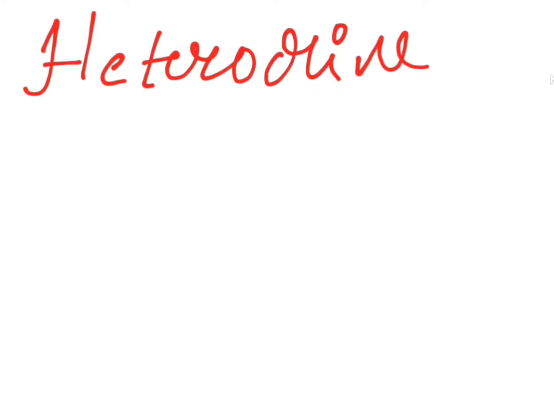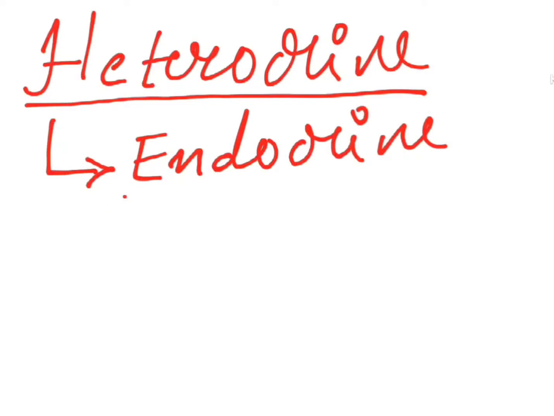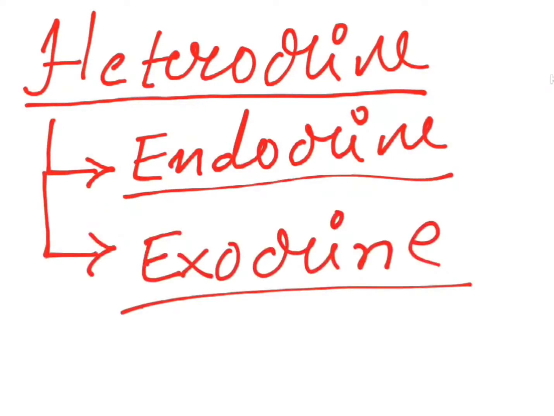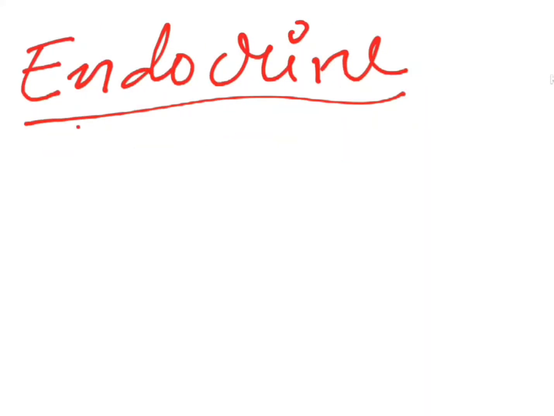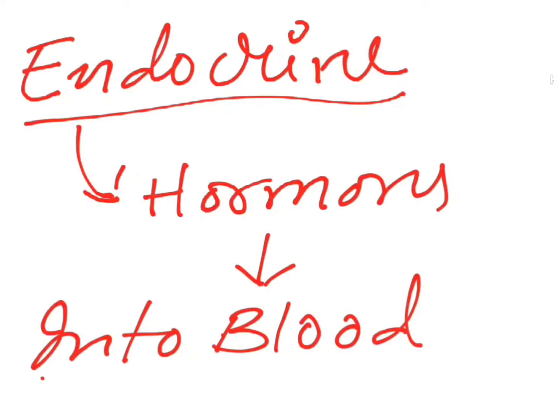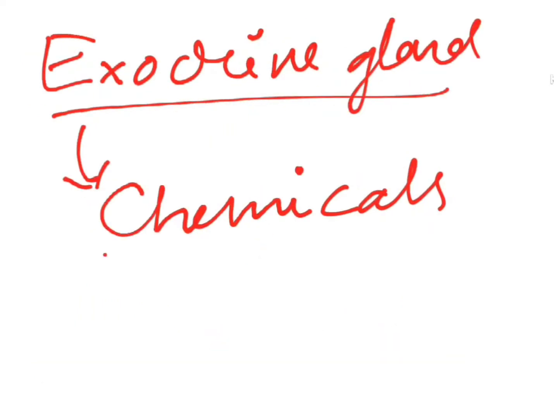It is called a heterocrine gland because it acts as an endocrine gland and also as an exocrine gland. As you know the difference between them: in an endocrine gland, the hormones produced are directly released into the bloodstream.